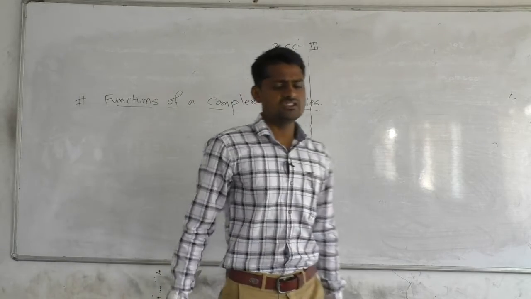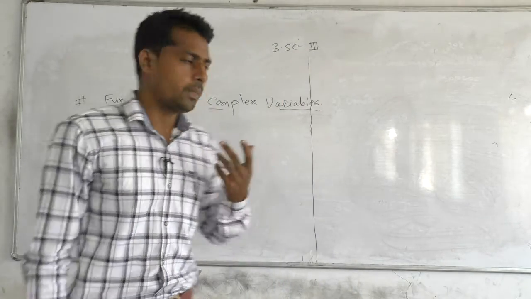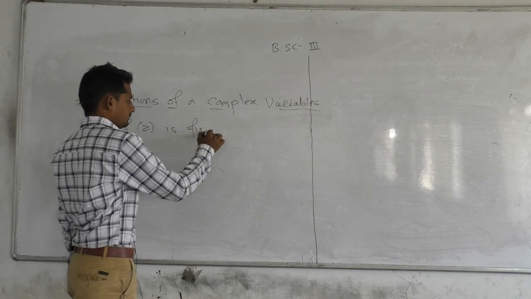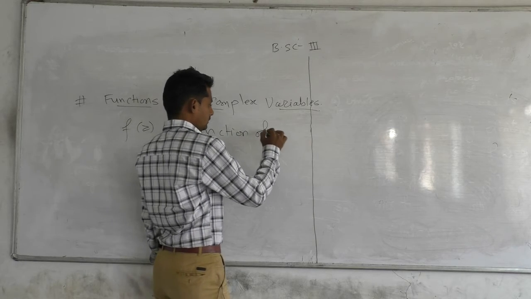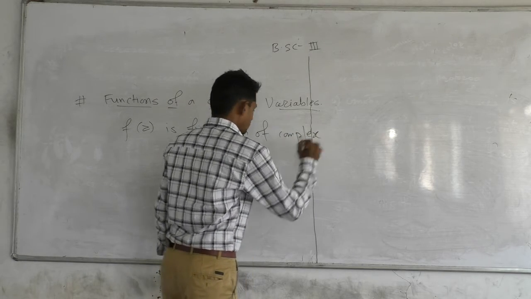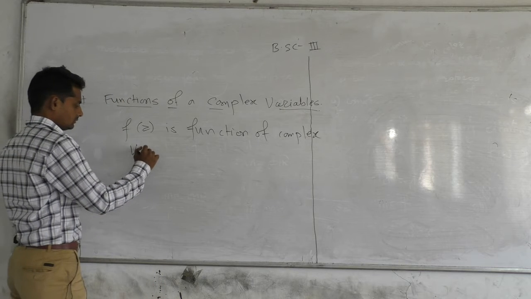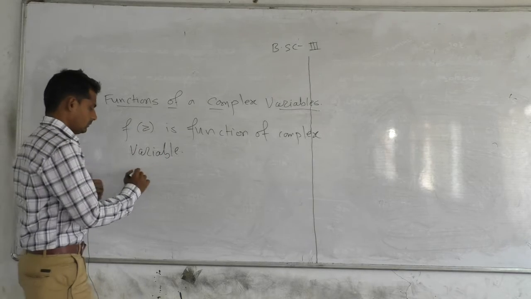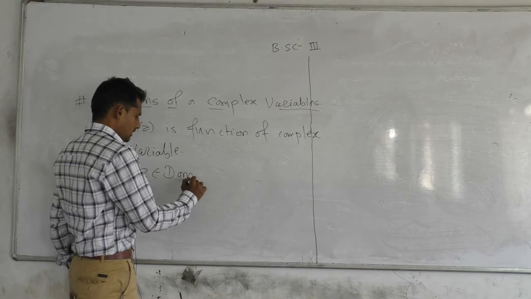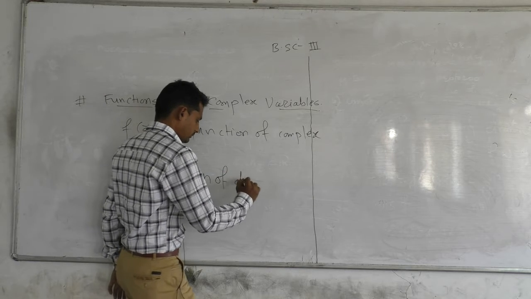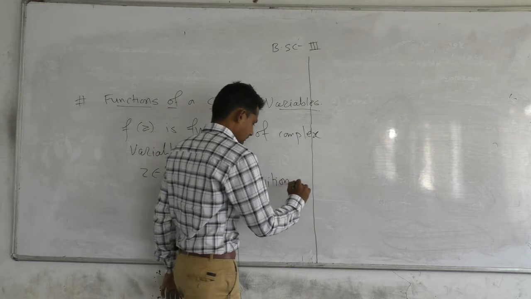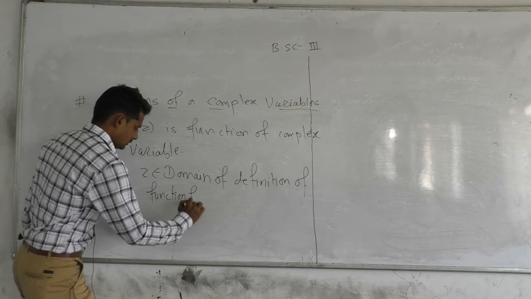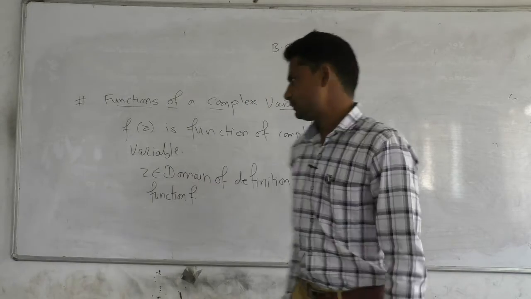We know that any complex number is generally denoted by z. So f of z is a function of a complex variable, where z belongs to the domain of definition of the function f.